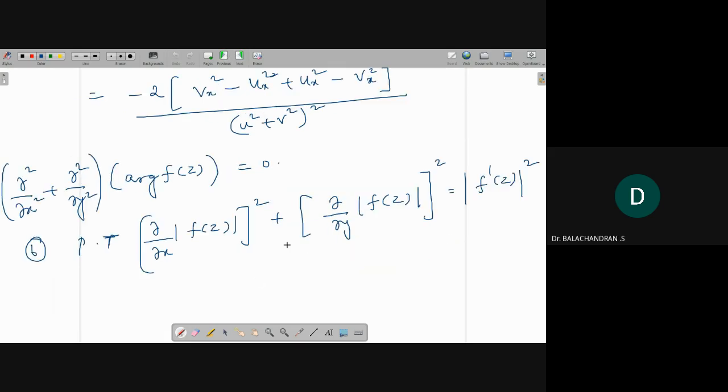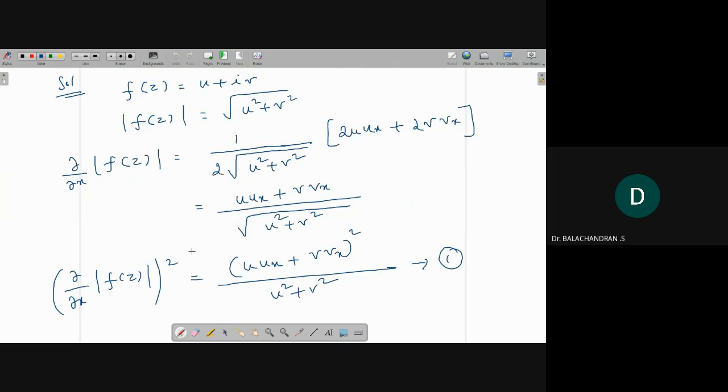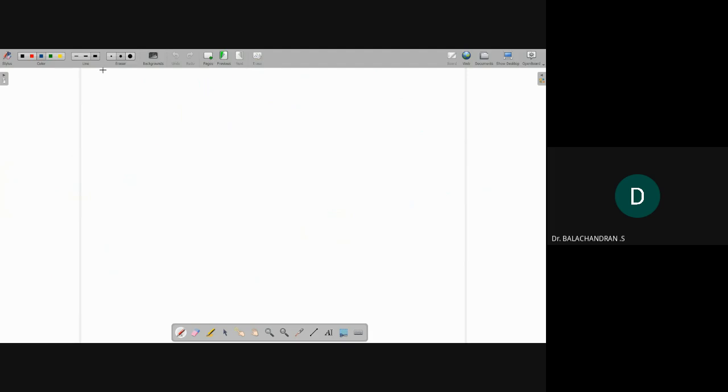So similarly, what is dou by dou y of mod f of z whole square?